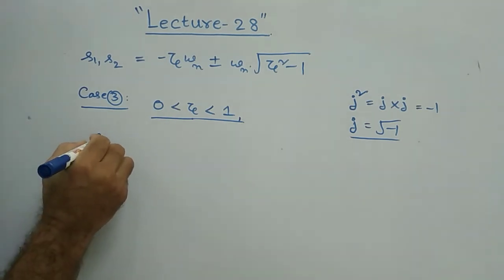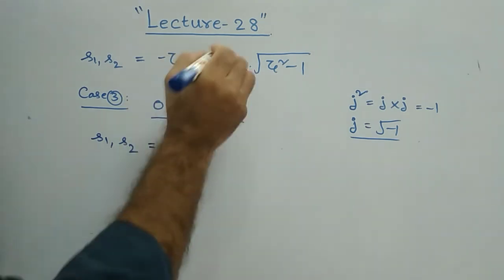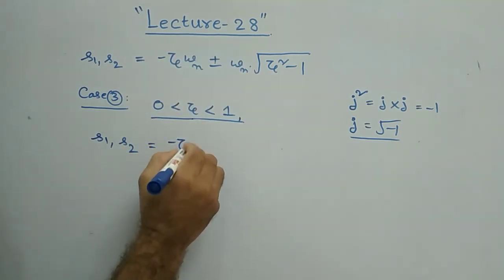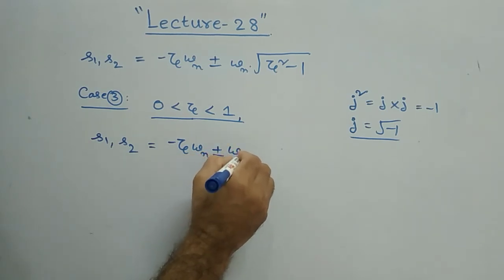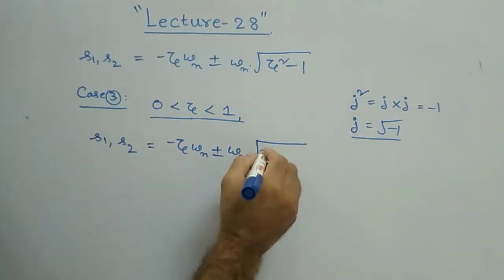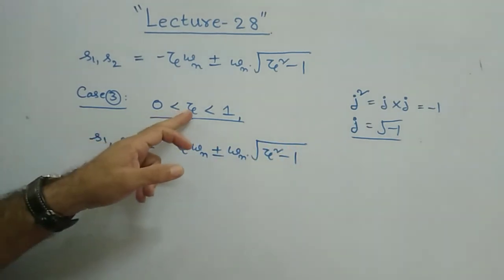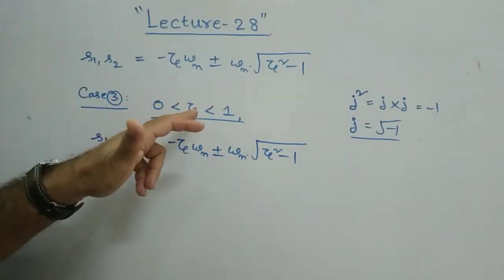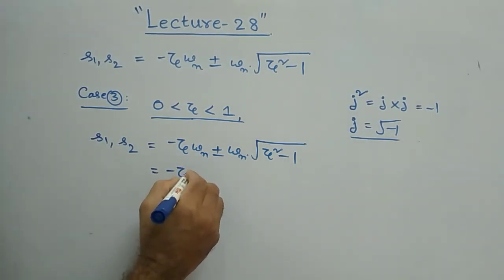Then substitute S1, S2 is equal to, write as it is, minus zeta omega n plus or minus omega n into square root of zeta square minus 1. Now as our condition is zeta is less than 1, for this condition we will do a small modification here.